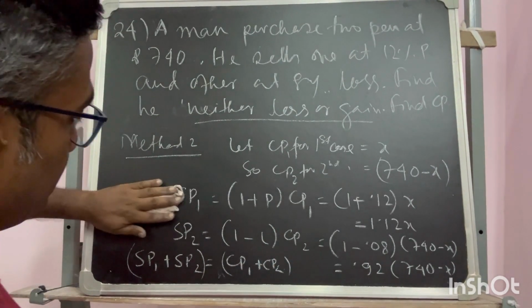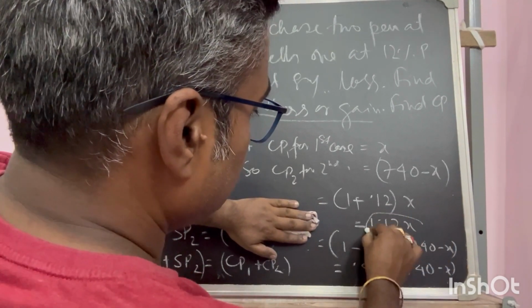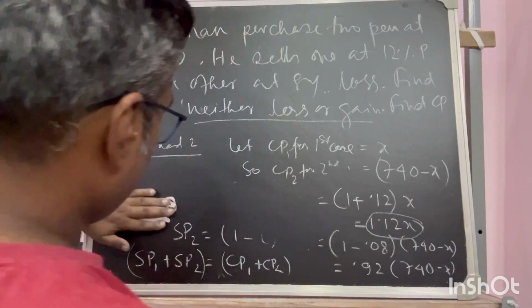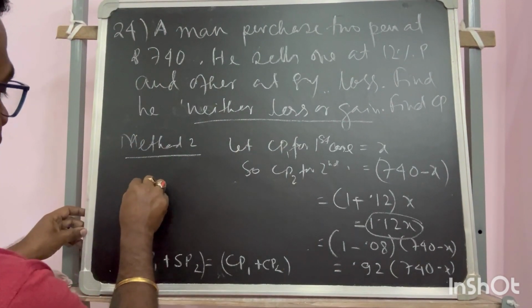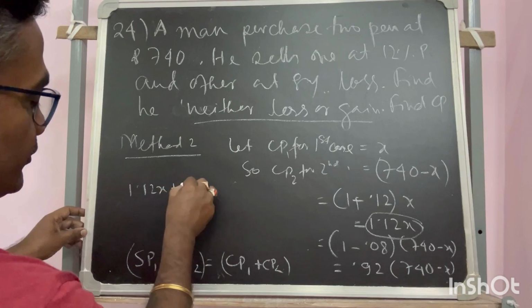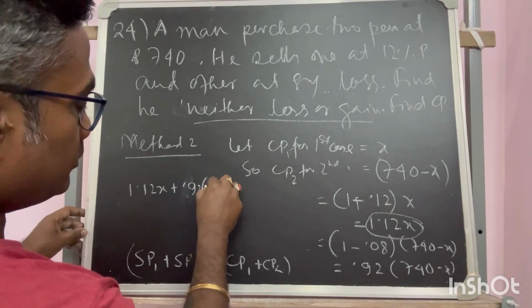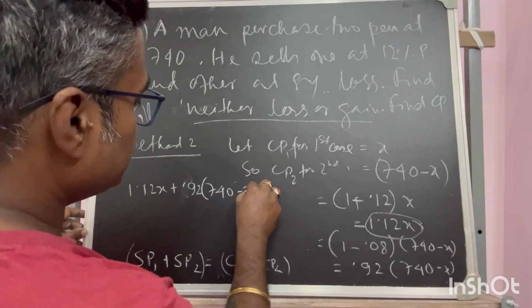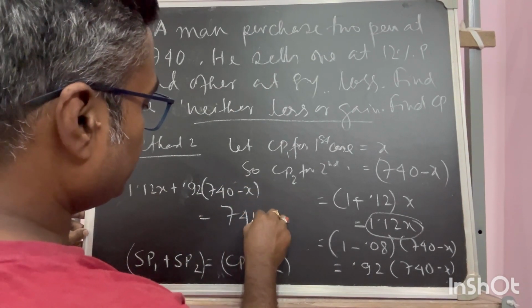By doing that, let's remember this part. So selling price for the first case is 1.12x, and for the second case 0.92 into 740 minus x, is equal to the total cost price, which is 740 ultimately.